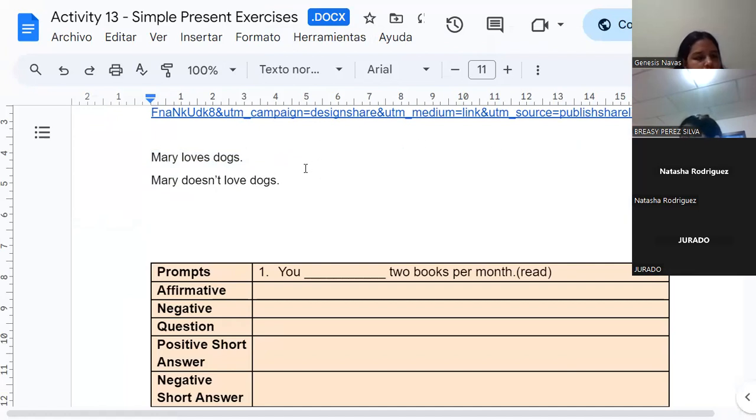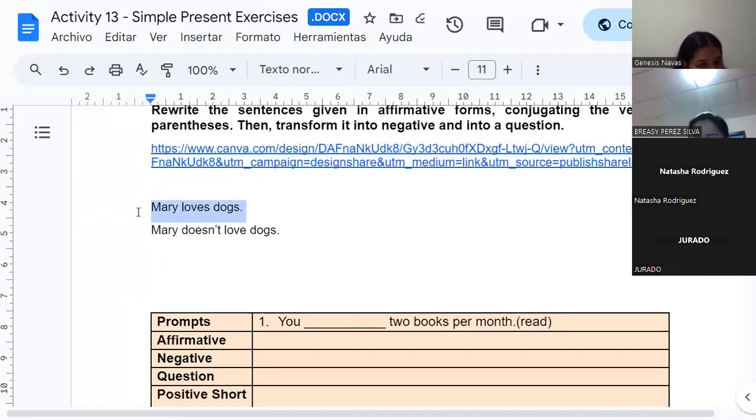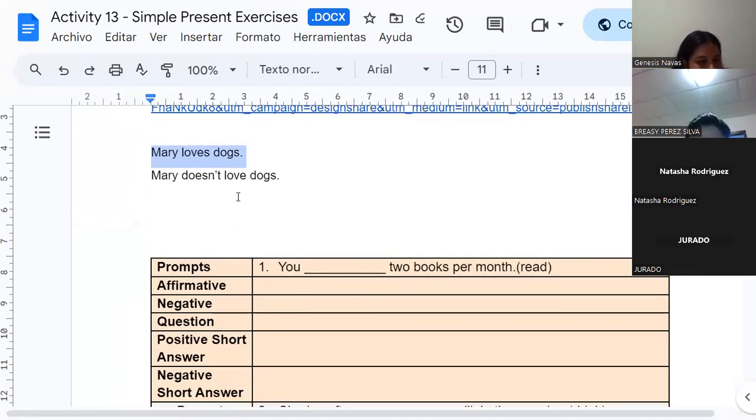Now, Genesis, how do I transform this sentence into a question? Sería, does Mary love dogs? Very good. Does Mary love dogs? Okay, this is a question. Y aquí viene la parte de las respuestas cortas. En inglés existe algo que se llama short answers o respuestas cortas.